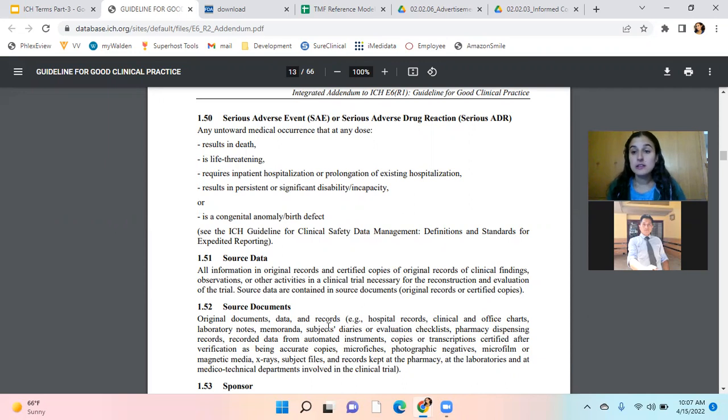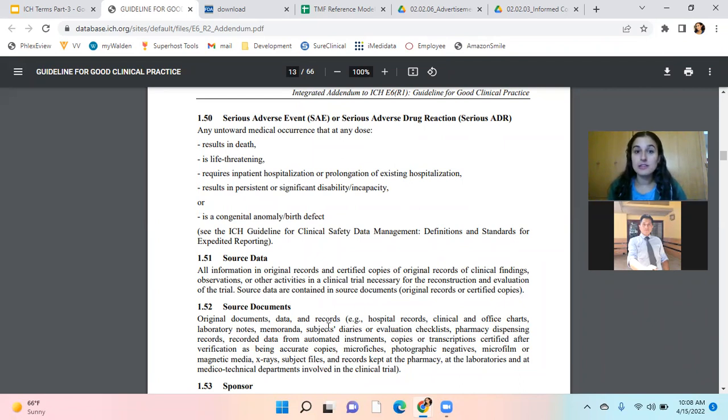So you have to see that the dose doesn't matter, but it's the result. It's resulting in death, life-threatening, requires inpatient hospitalization, result in persistent or significant disability, right? So maybe they don't have to be hospitalized, but now they can no longer walk on their right leg. That's a significant impact to their daily life, right?